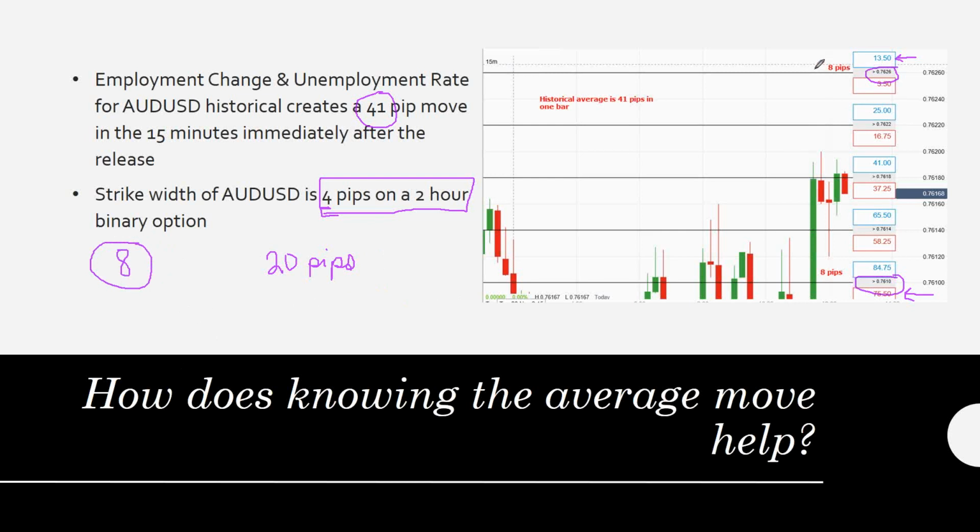So that means if I go 2 strikes out, I still have room for it to move an additional 2 strikes. So I'm here at the 2-strike line, okay? But I have allocated room for an additional move of 2 strikes. Do you understand that? In other words, I'm using an out-of-the-money binary, anticipating price to move at least 2 strikes in the money.